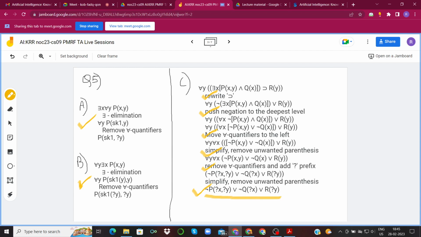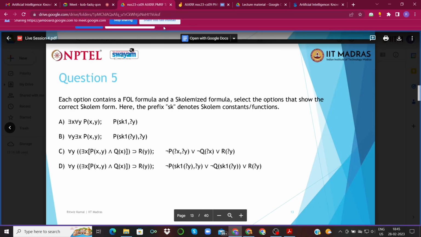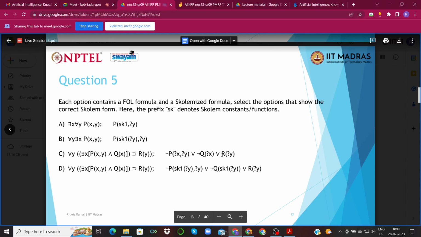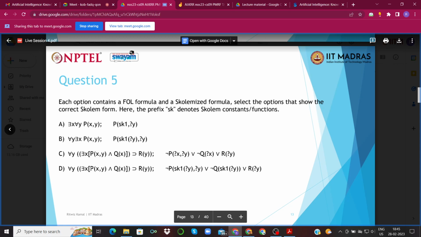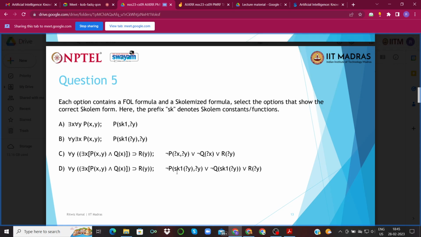And this is exactly what option C is. This is the Skolemized version. So option C is correct. And option D will not be correct because you will not have any Skolem constant in this particular Skolemization.